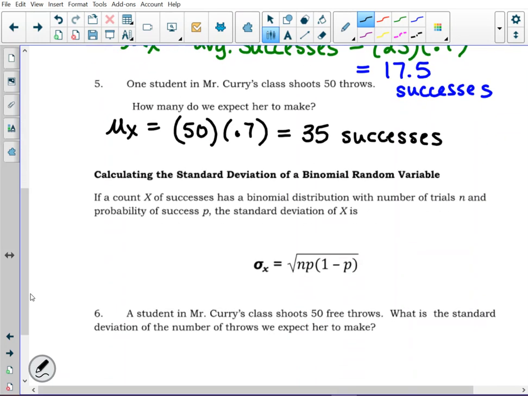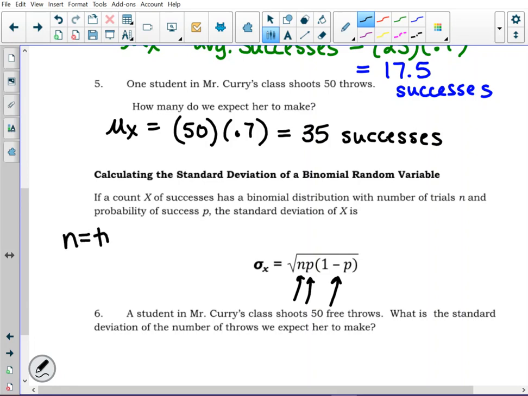Now, standard deviation. A little bit more. We're going to actually need to use the formula this time. It's an easy formula, though, for binomials because it just has a few pieces to it. You'll notice, again, we have n, and we have p, and we have 1 minus p.